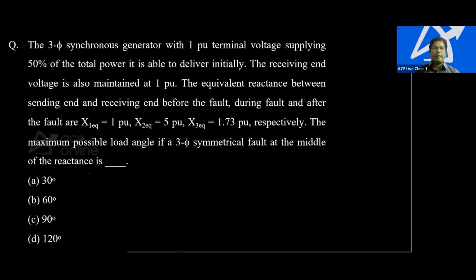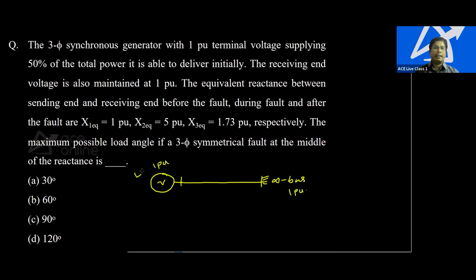Right. So here we are having a generator which is connected to an infinite bus. The generator voltage is 1 per unit and the infinite bus voltage is also 1 per unit.